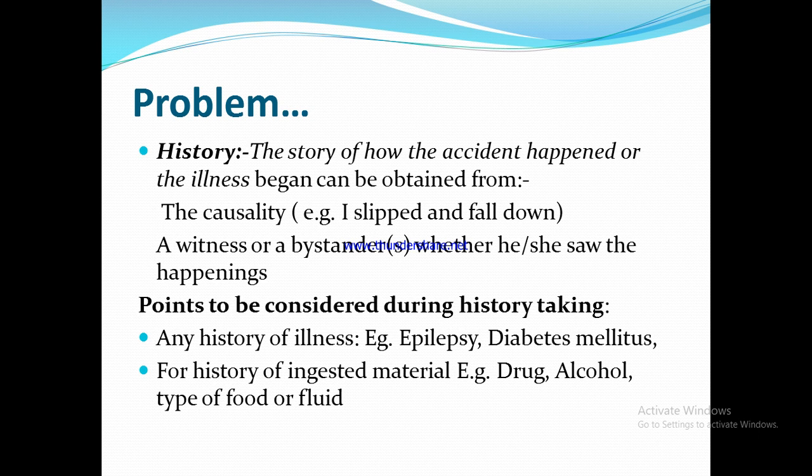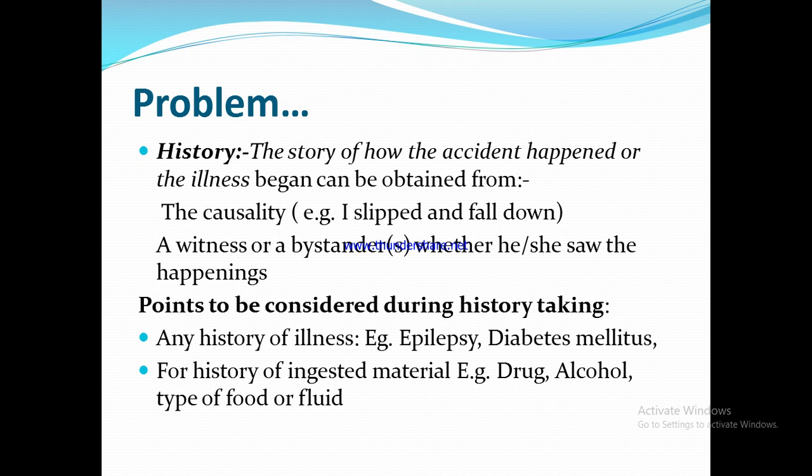How the accident happened or the illness began can be obtained from the casualty himself if he is conscious and able to talk. Otherwise, ask bystanders or any other witness who was there at the time of the incident.